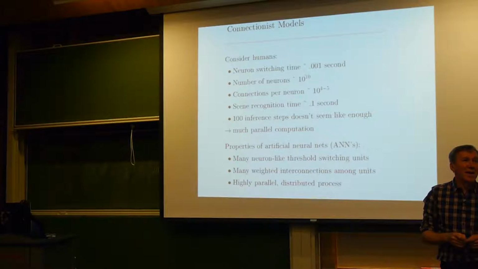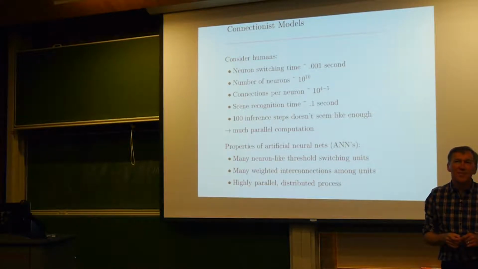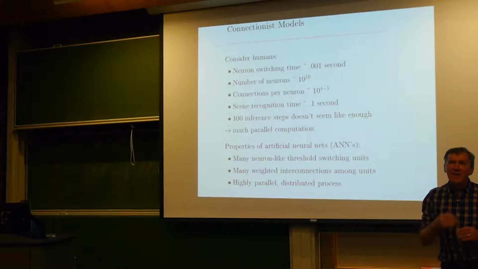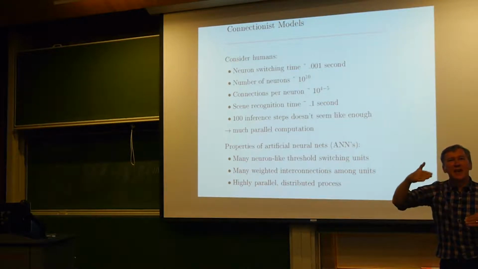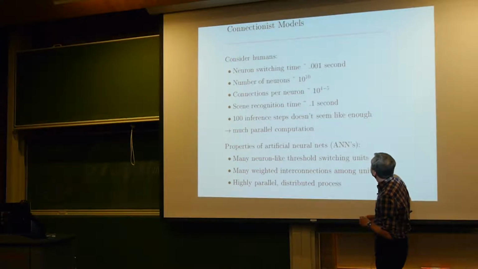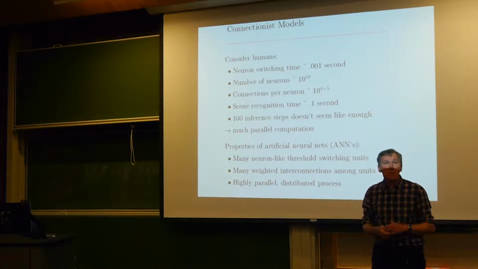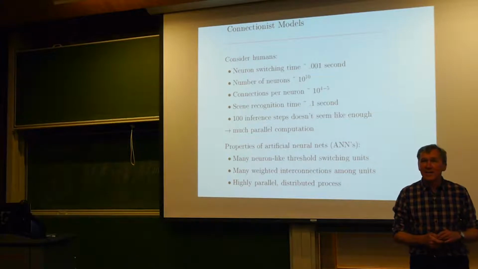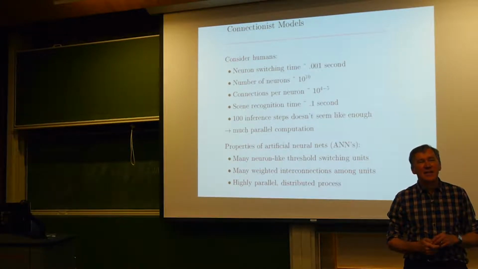Your neurons aren't going any faster than a millisecond. So if I chain together 100 of those, I get up to 1/10 of a second, which is your mother recognition delay.